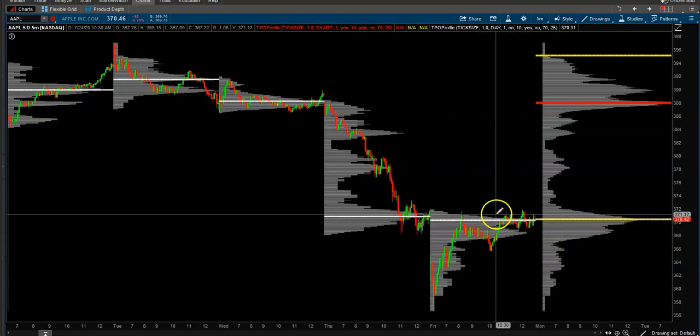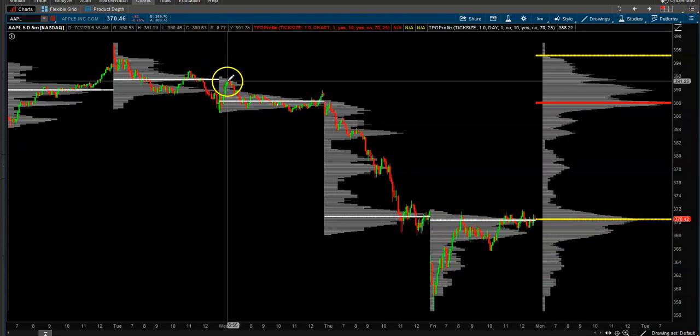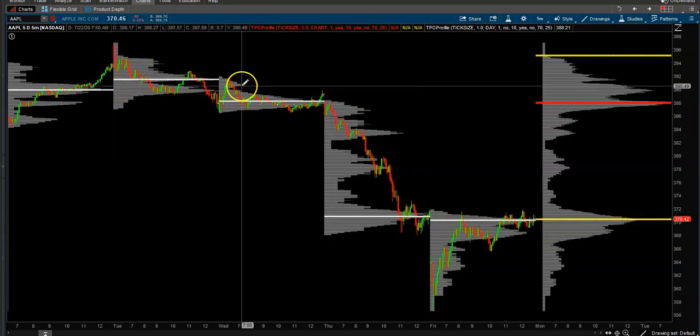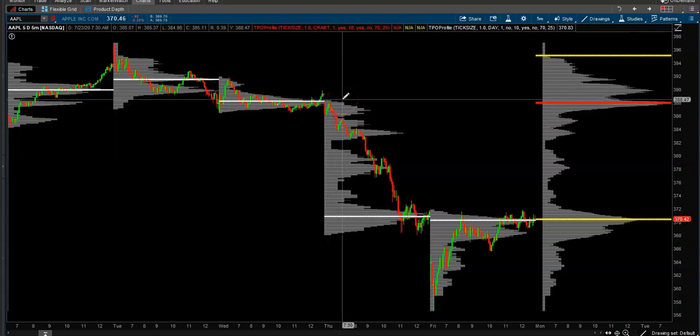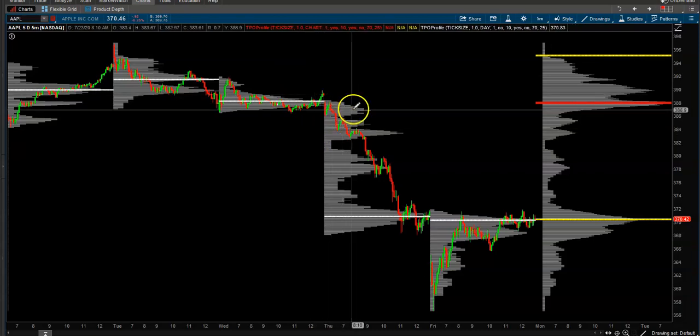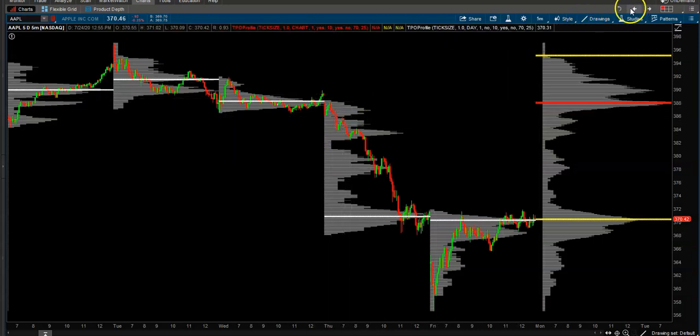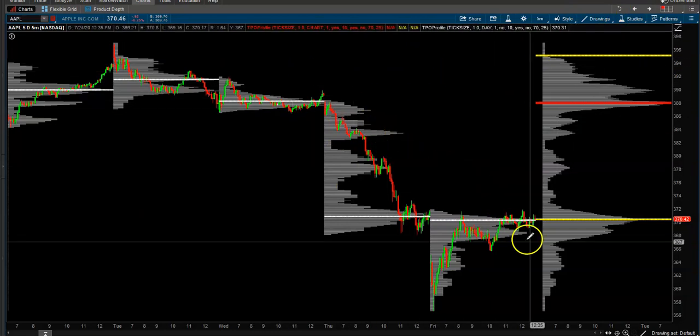But this is a great chart for marking off either gaps or VPOCs where they have not been touched, also known as virgin points of control or naked VPOCs. Same exact thing. So I really love this chart.